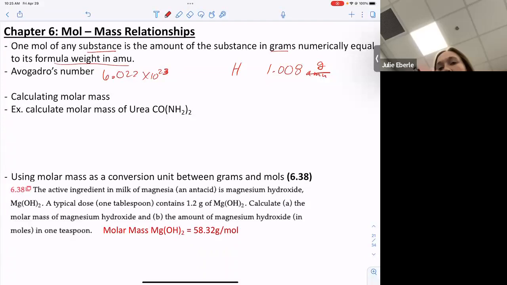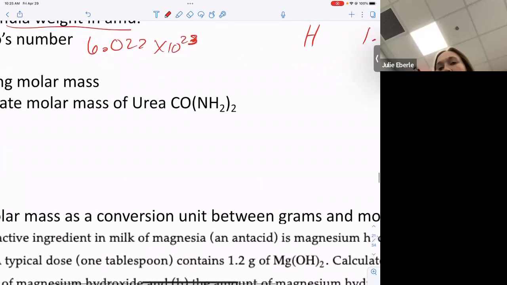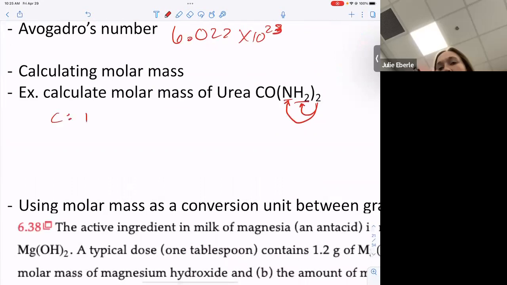The only time it's tricky is when you have these parentheses. This 2 means we multiply this by 2, and we multiply that by 2. So we have carbon, we just have 1 of those. Oxygen, we just have 1 of those. But nitrogen, we have 2 of those. And how many hydrogens do we have total? 4 of those, okay?